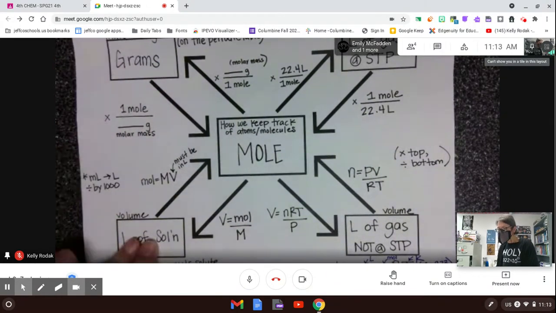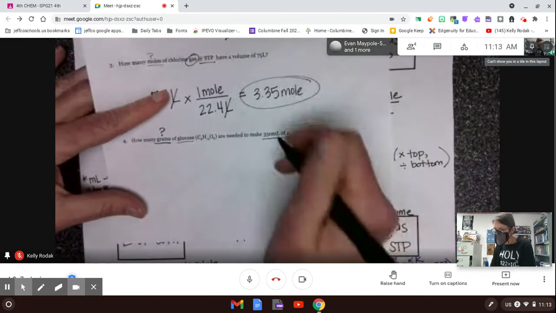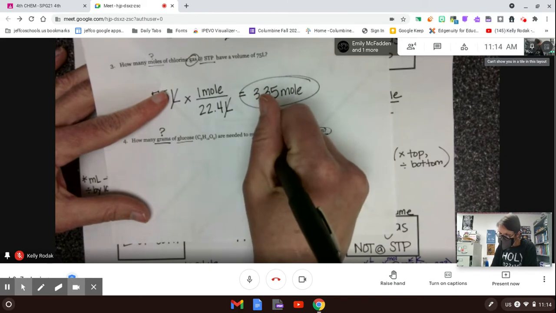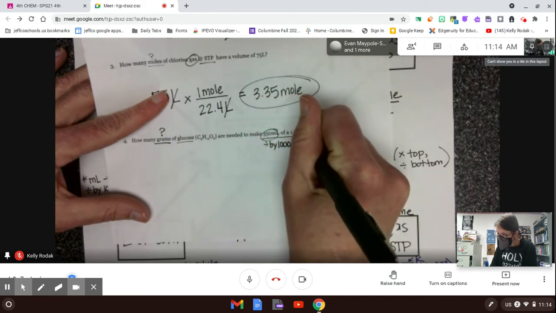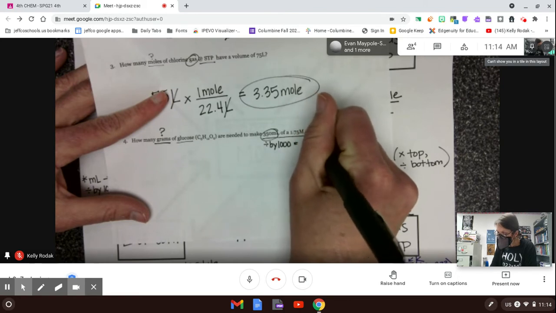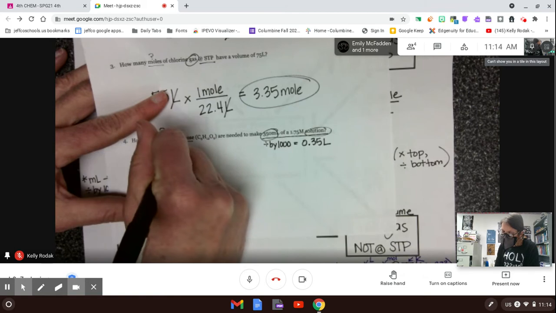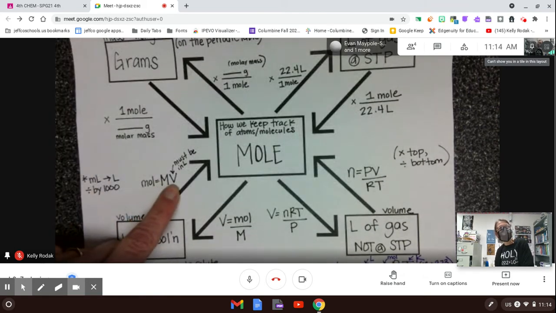Okay? So to start at liters, we have to know liters, right? Do we know liters? Kind of. We know 350 milliliters. What do we do to convert that to liters? Good. So we're going to divide by 1,000, so we get 0.35 liters. And we can see on the map to find the moles, we're going to take the molarity times the volume.